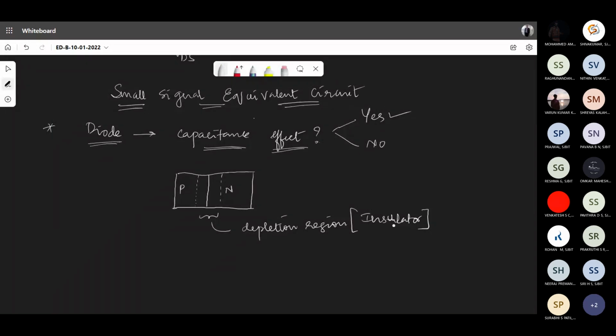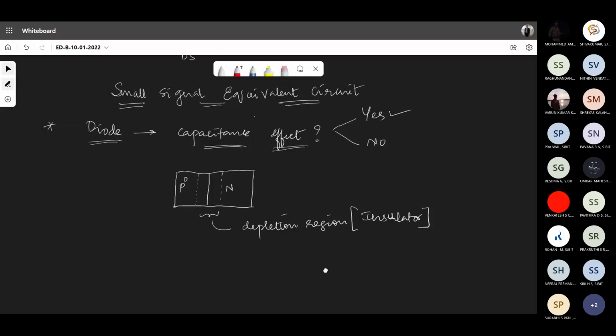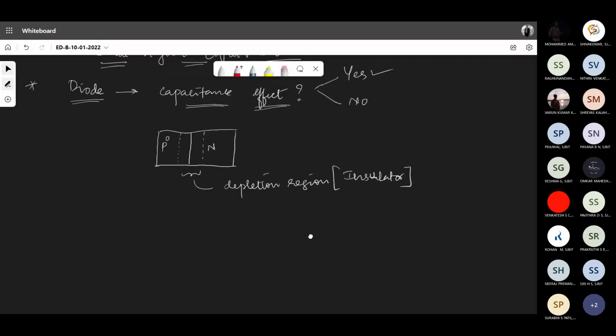It will allow electrons and holes to pass through it, depending on what kind of bias voltage you apply, but within it, it will not contain any mobile charge carriers, and that is why we call it a depletion region. It is as good as an insulator because any insulator will not contain mobile carriers within it. And what you see on either side is a positive and a negative region.